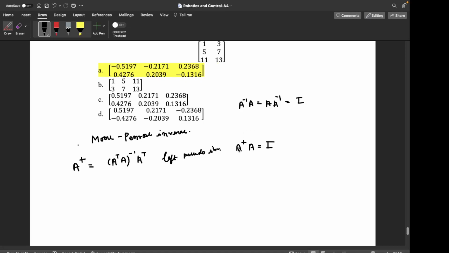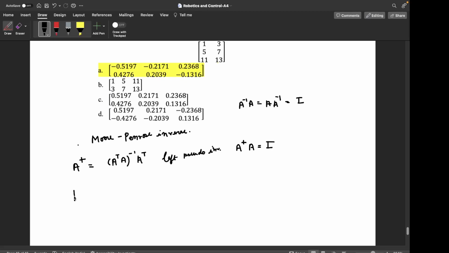But here, if you define the inverse as this and try A times the pseudo inverse, it will not come out as identity. It will only come out as identity when you multiply the pseudo inverse on the left side. So that's why it's a left pseudo inverse.